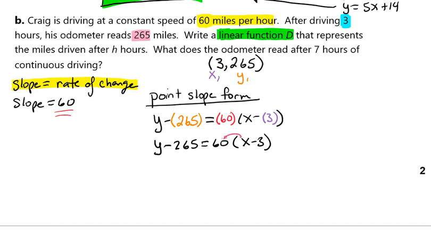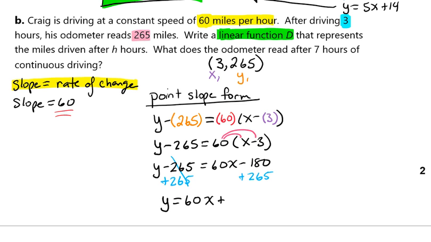So we'll distribute our 60, which is going to give us y minus 265 equals 60x minus 180. Then we'll add 265 to both sides, which is going to give us y equals 60x plus 85.